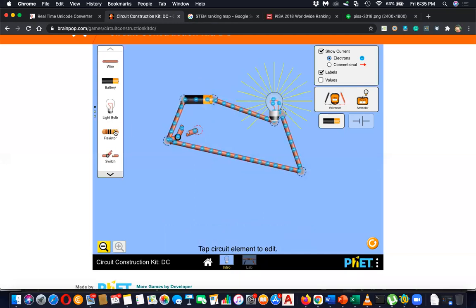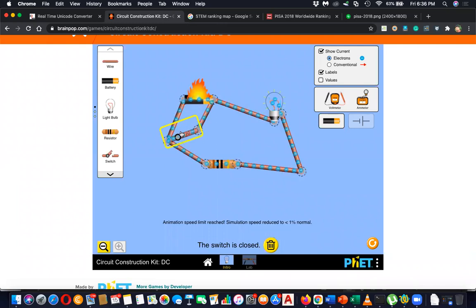Otherwise, the battery will burn. So let's use a resistor and then a wire. Okay. So not this way, for the other way you have to use a resistor. Here also you have to use a resistor.